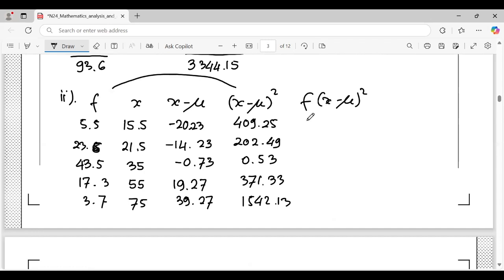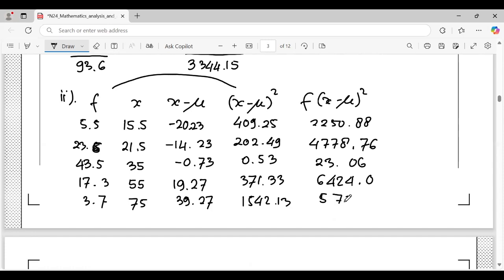And F times X minus mu squared: calculate 5.5 times this one. The results are 2,250.88, 4,778.76, 23.06, 6,424.0, and 5,705.89.